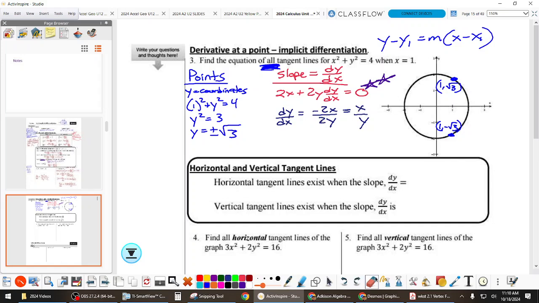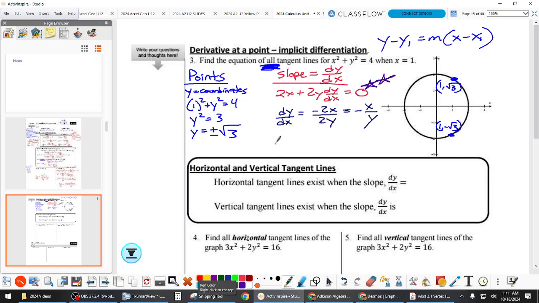So let's rewrite that. Notice now, this is a very similar process to what we've done, but now our slope depends on two things, right?